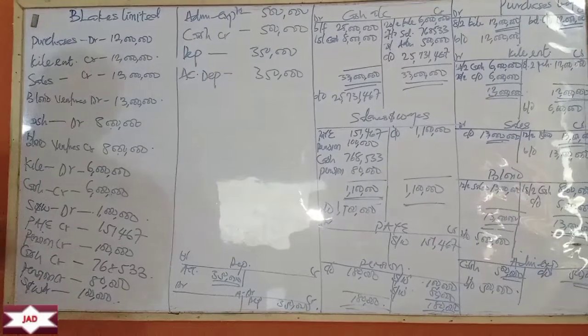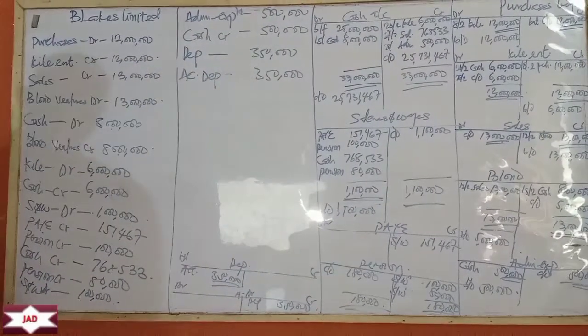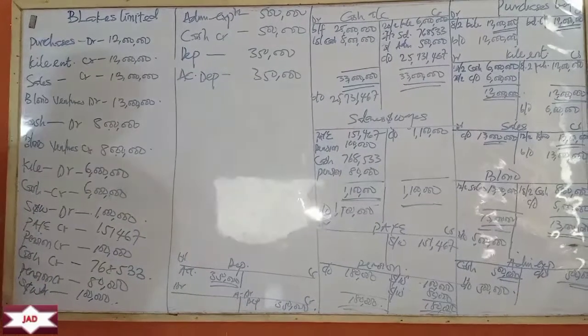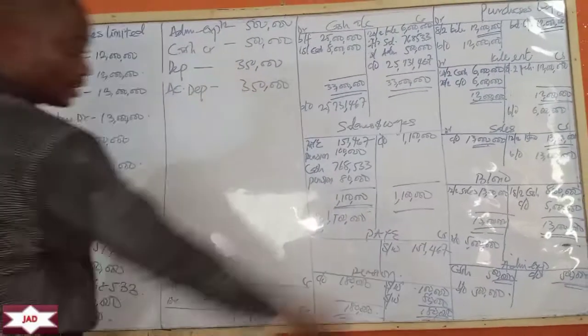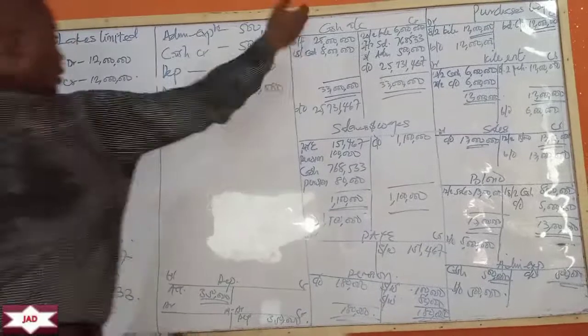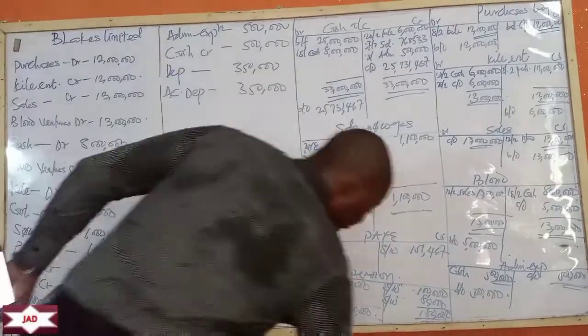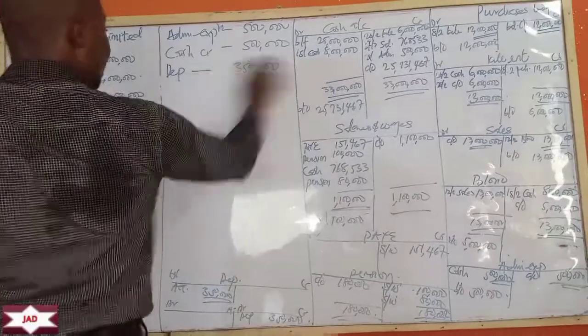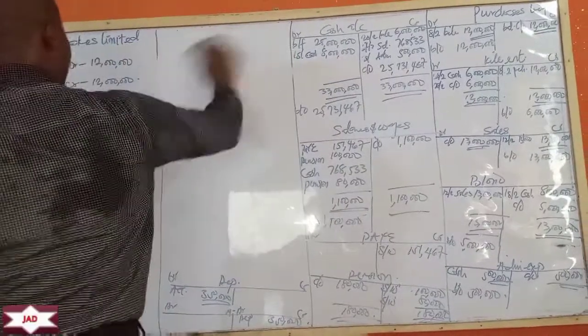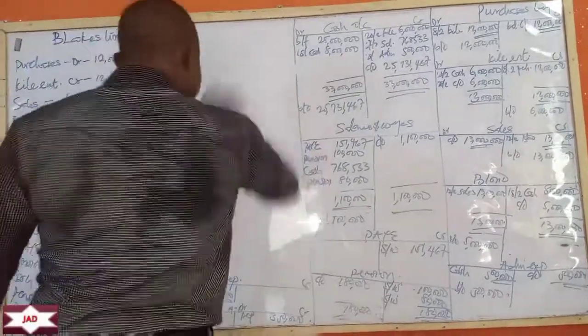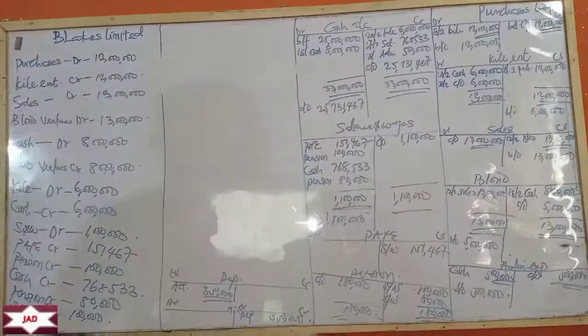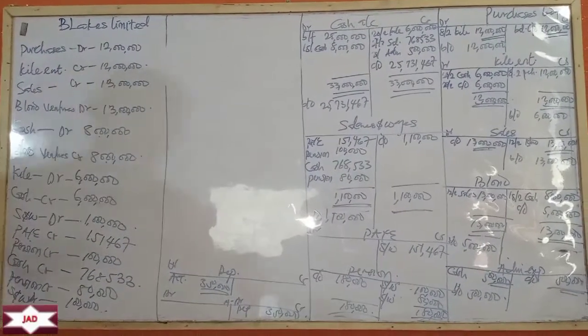Yes. Pension? Yes. Cash? Yes. Salaries and wages? Yes. Admin expense? Yes. Cash? Yes. Depreciation? Yes. So we can take all this out to prepare our trial balance. Okay? Let's do the trial balance now.